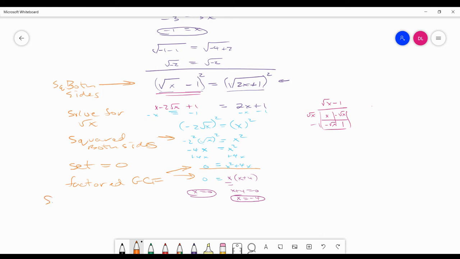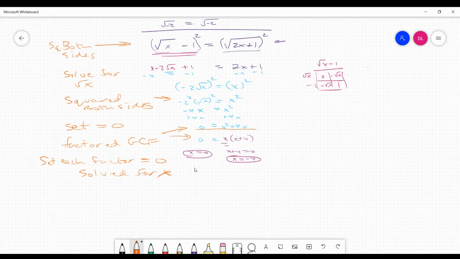And then I set each factor equal to 0 and solved for x. Okay, so you're going to need to use this as a reference as you go through, especially number 6. So this is going to take you through number 6.